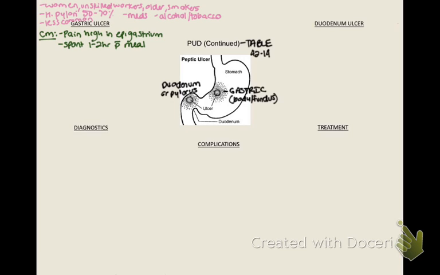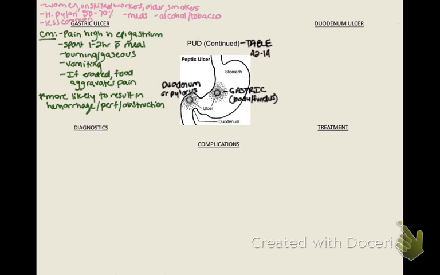Spontaneously 1 to 2 hours after a meal. Can have a gas-like feeling or burning feeling. Can be associated with vomiting. And then if the ulcer's eroded, food can aggravate. So your gastric ulcers are more likely to result in hemorrhage, perforations, and obstruction, which is later in the presentation. We'll go over those.